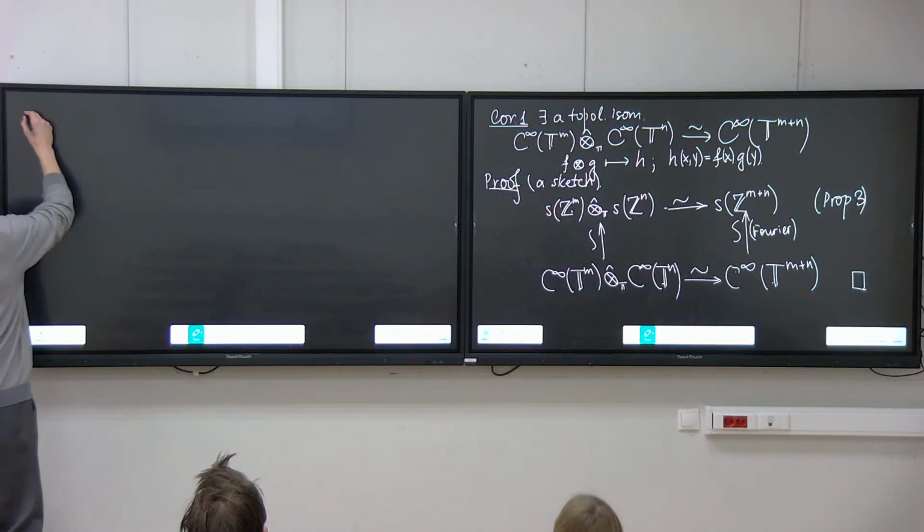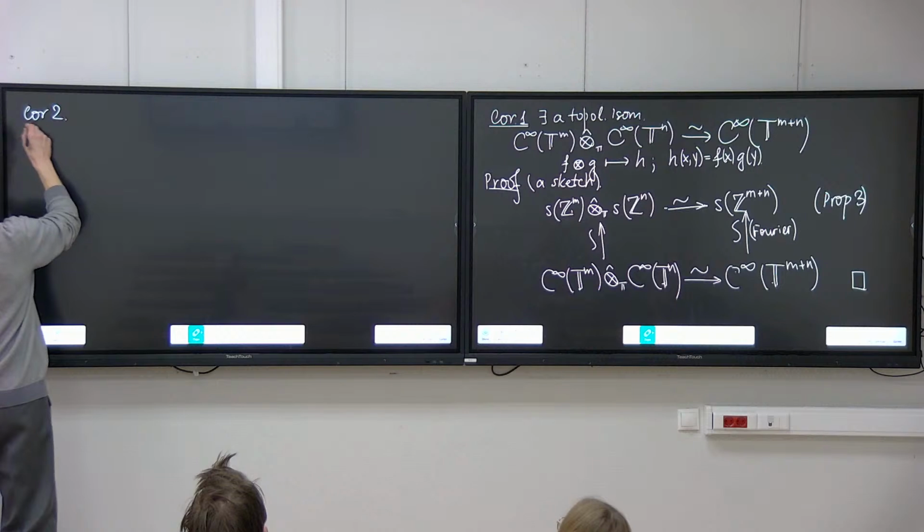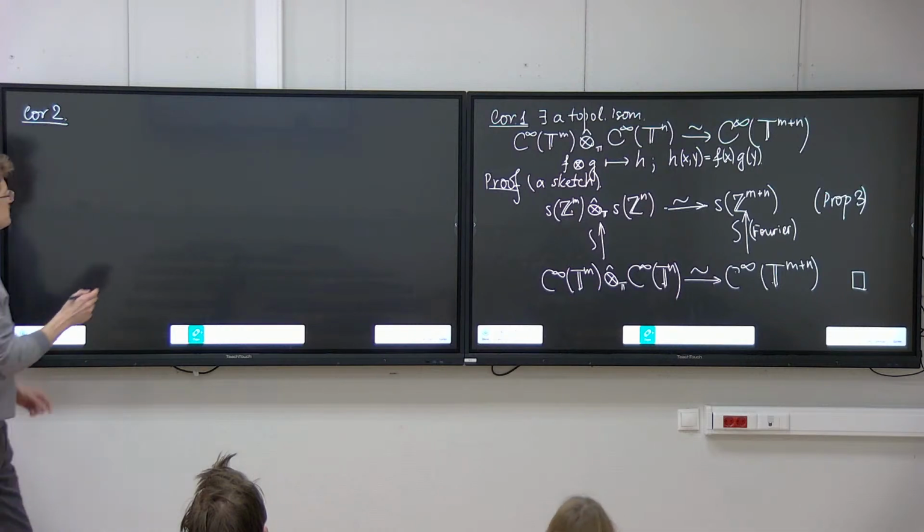Corollary 2 is about spaces of holomorphic functions on polydisks.